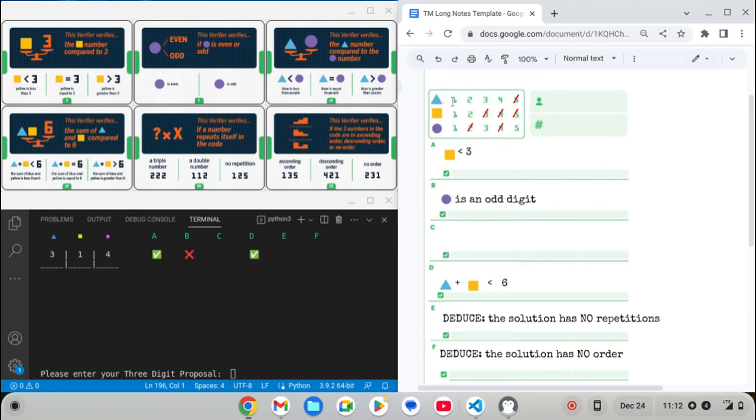if triangle were 1, that would force square to be 2, because you can't have a repetition, which would then produce either a 3 or a 5 in circle.